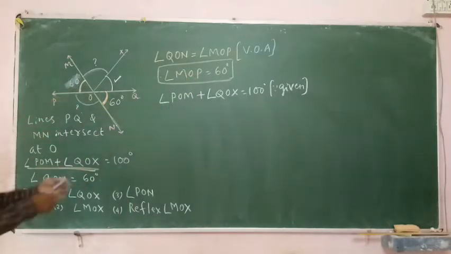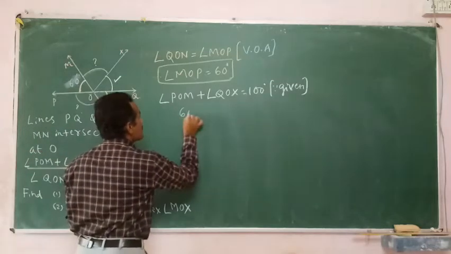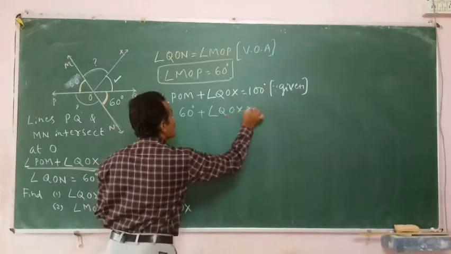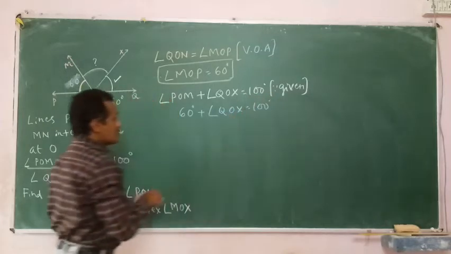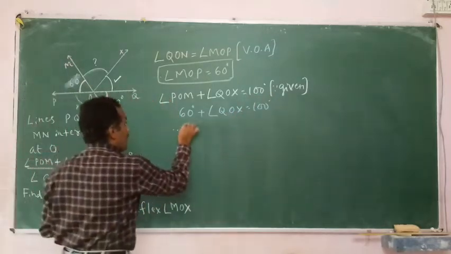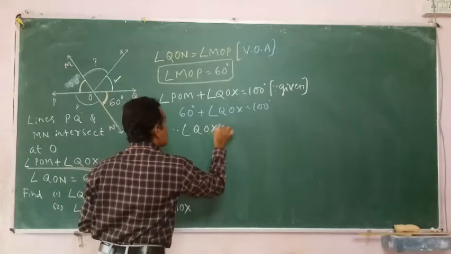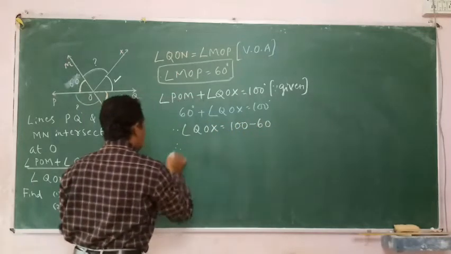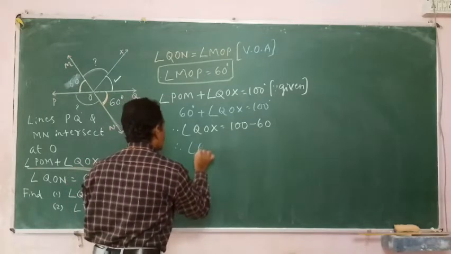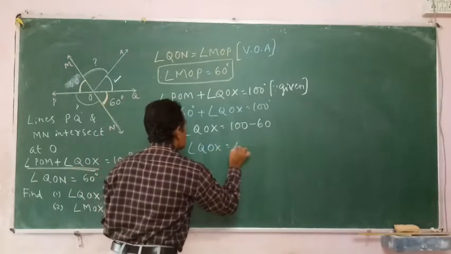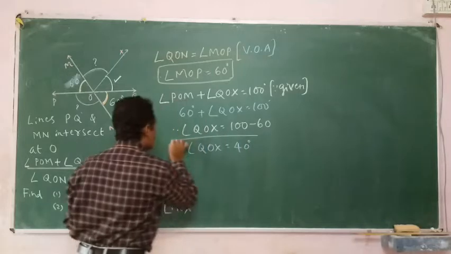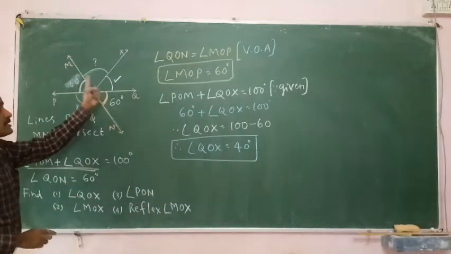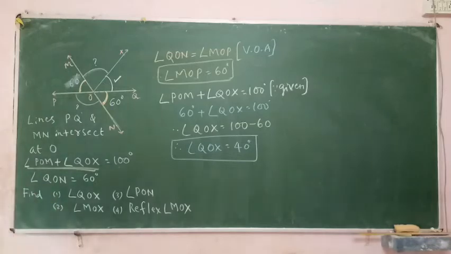I will substitute here: 60 plus angle QOX is equals to 100. Therefore, angle QOX is equals to 100 minus 60. Therefore, angle QOX is equals to 40 degree. You came to know the second angle. This angle becomes 40.